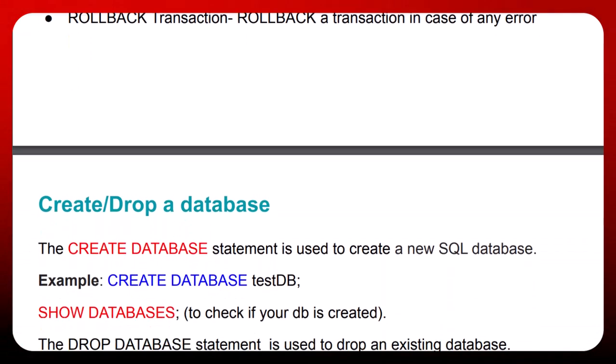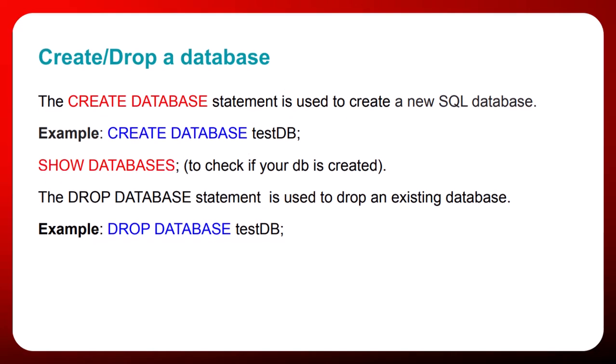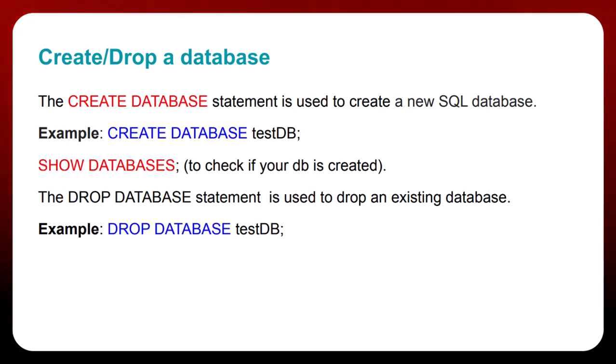Okay. Now, first question: how to create a database? Simply, we have the following syntax. CREATE DATABASE, just look at the blue part. Create a database called test database, or name it my database or my first database, whatever. I'm going to make sure to end each statement with a semicolon.